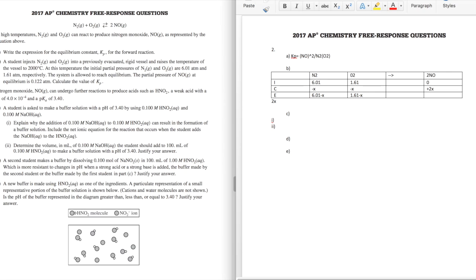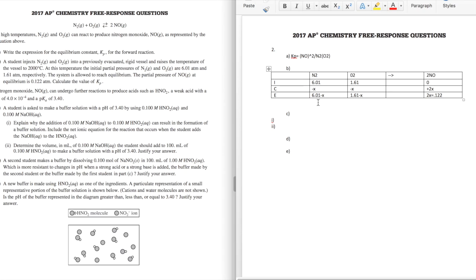Since the partial pressure of NO equals 0.122 atm, we can set 2x equal to 0.122 atm.